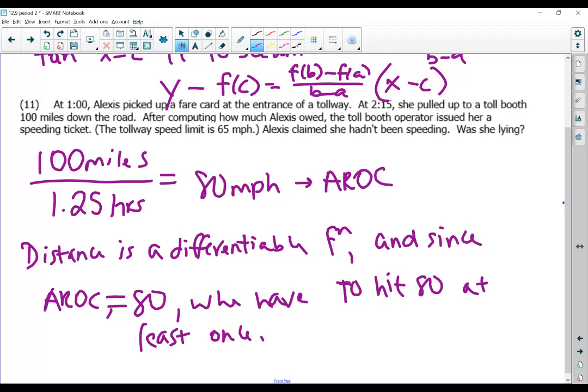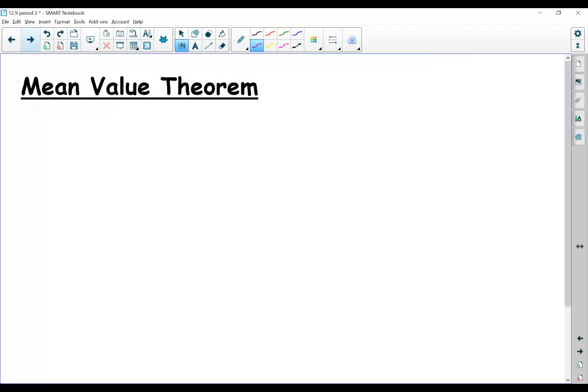Okay, so my loves, that is the mean value theorem. The mean value theorem, or what we call MVT for short, is the guaranteeing slope theorem. So I like to call this the guaranteed slope theorem.